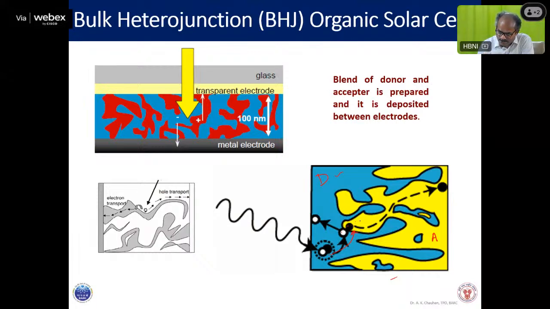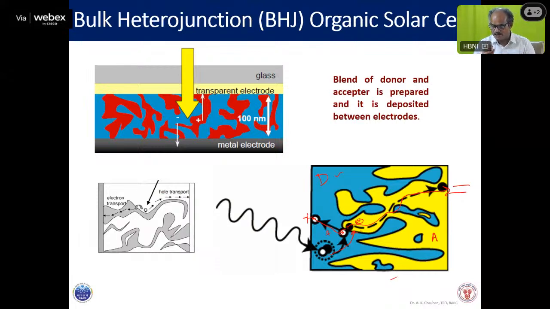So now you have an electron and you have a hole here. Once they are separated, the electron will move by this path and reach the electrode. Similarly, the hole will move this path and reach the electrode. So one problem is solved: there is not now a very big distance between donor and acceptor.